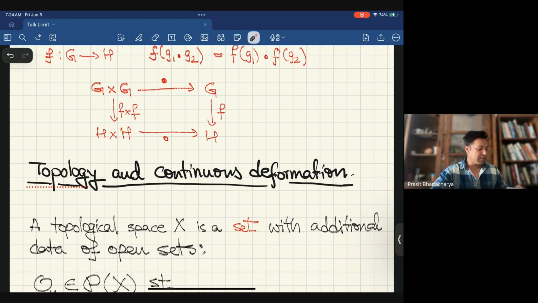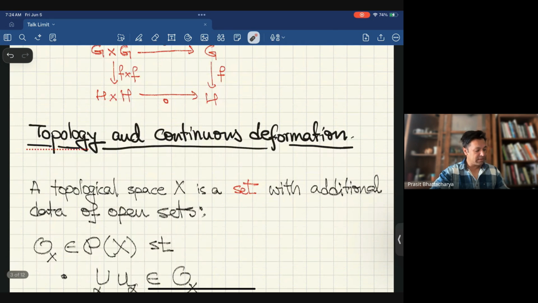What are they? Well, they are actually a set with some additional structure, which is the additional data of open sets.